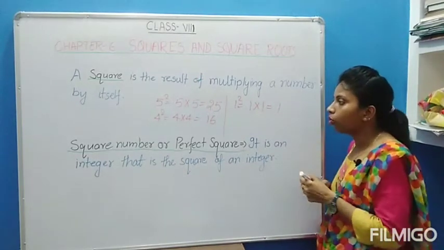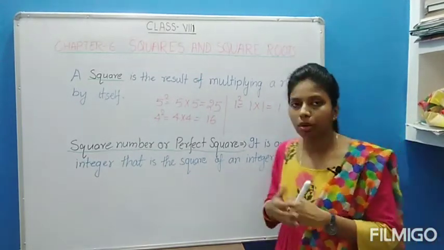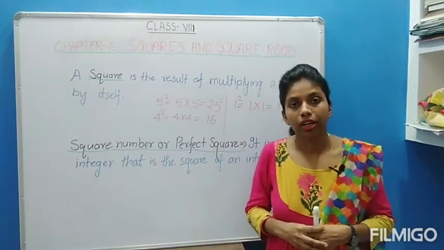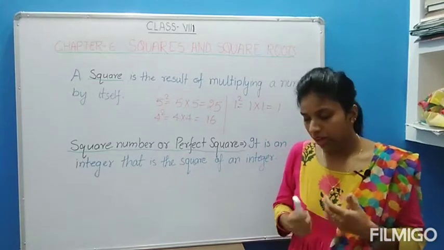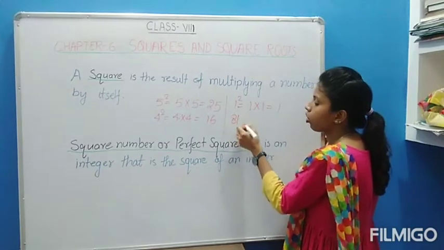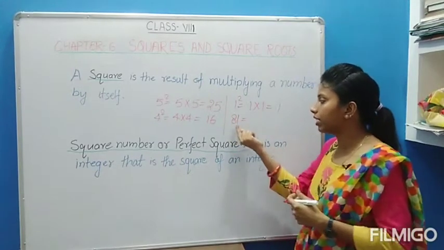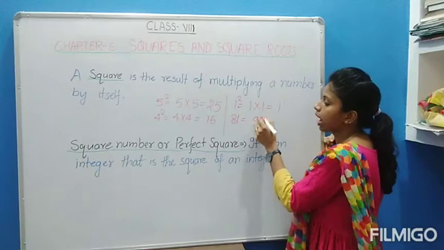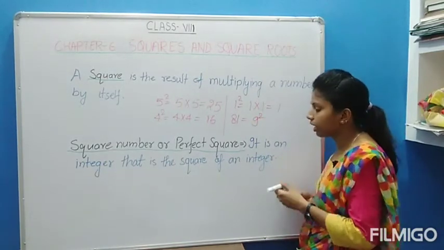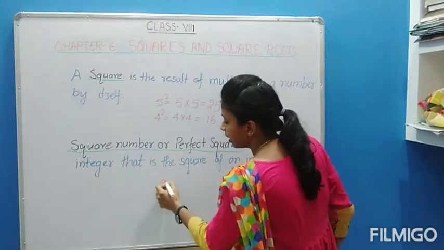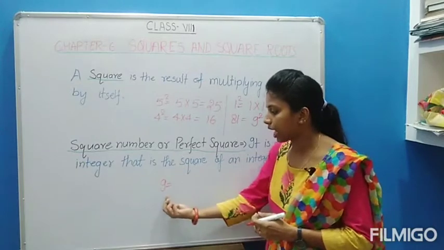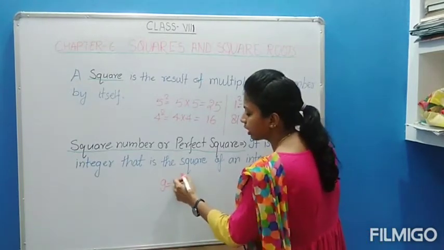So what we observe is there are only a few numbers which we can write in the form of the square of any number. Suppose I want to write 81 in the form of square of any number, so we can write it as 9 square. And same way, if I want to represent 9 as a square of any number, we can represent 9 in the form of 3 square.